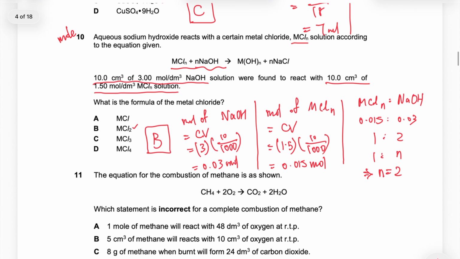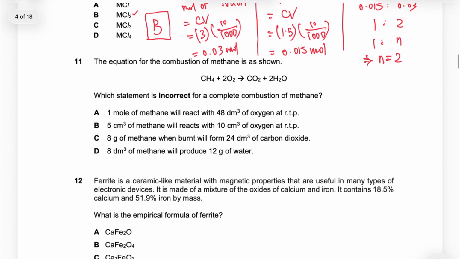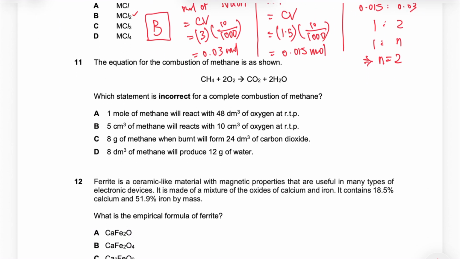Moving on, question 11. This one will be mole as well. The equation of the combustion of methane: methane CH4 reacts with oxygen gas, giving you CO2 and 2 water. Which statement is incorrect for complete combustion of methane? The important ratio, take note, is 1:2.